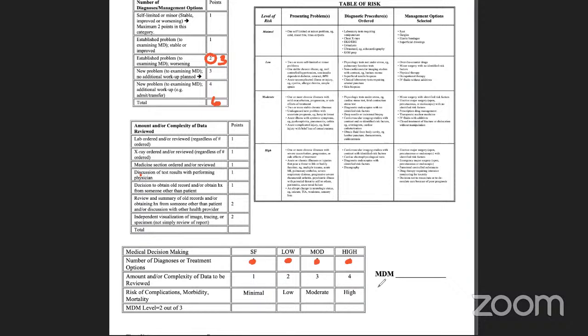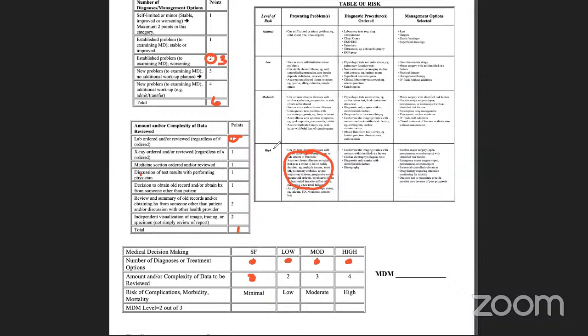Labs. They only reviewed the labs. So that's 1 point. So we'll bring that down here. And then lastly, we have 1 or more chronic illnesses that is posing a threat to life. And so that puts us here.